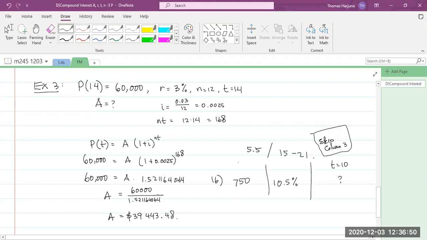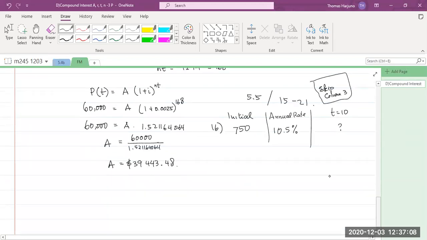Okay, so this is the initial amount. This is the annual rate. And they say compounded continuously. Now, if you compound it continuously, then the formula will be the continuous compounding formula.